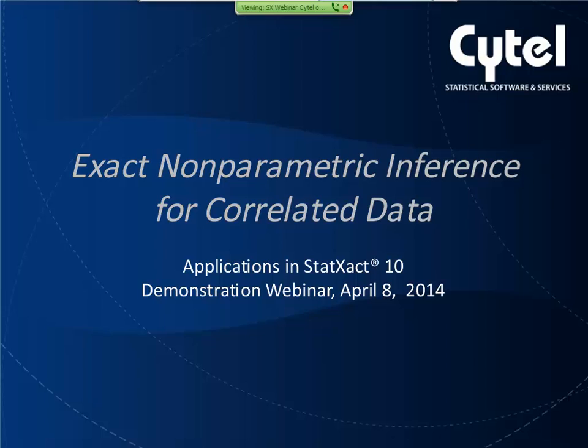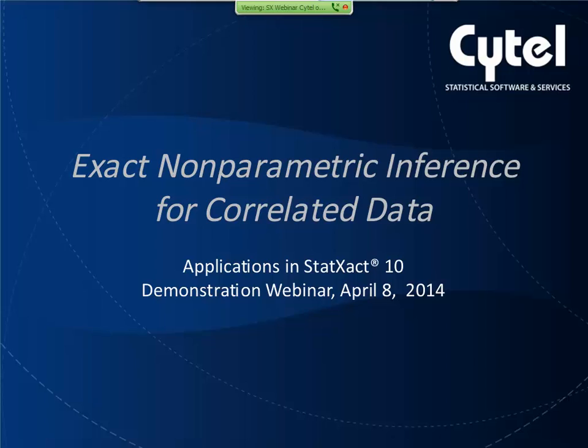As far as SAS goes, nothing has been implemented by SAS that performs what is being offered in StatXact right now. That's the reason we offer these procedures through the Proc StatXact packages, so that SAS users can use them seamlessly as part of their SAS package.